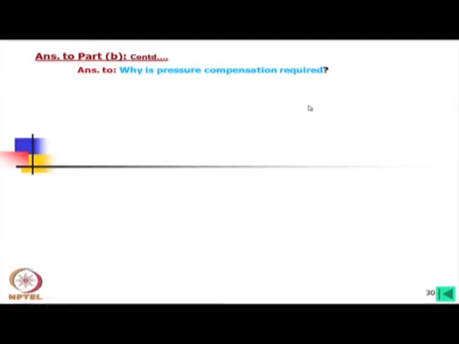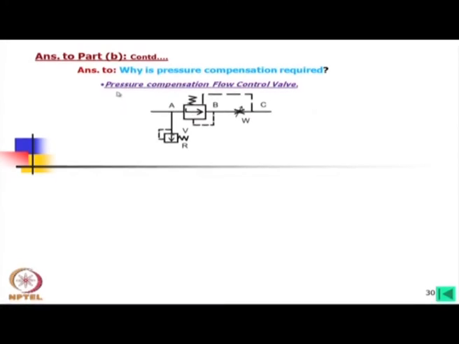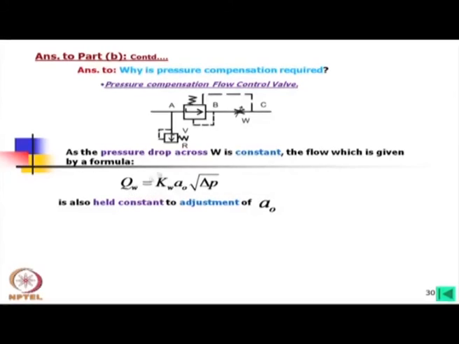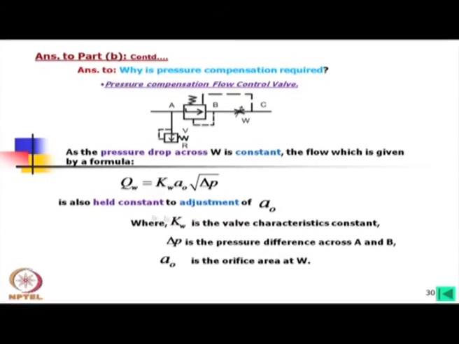Why is pressure compensation required? In the pressure compensated flow control valve, which we have already discussed, the pressure drop across W is constant. To maintain this constant, we need pressure compensation. The flow is given by the formula Qw = Kw A0 √(del P), where Kw is the valve characteristic constant, del P is the pressure difference and A0 is the orifice area.